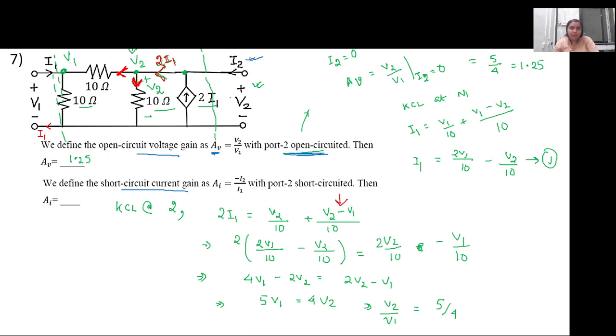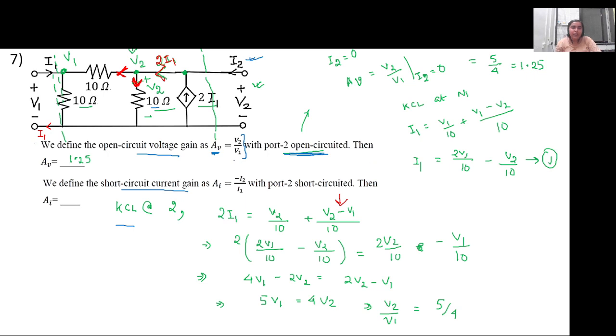To calculate the ratio of V2 and V1, we can write either the KVL or the KCL equation as per convenience. In this circuit, since the number of nodes is very low, the voltage across this 10 ohm resistance is the output voltage, and that same voltage appears across this. So we resorted to writing KCL, and we calculated I1 in terms of V1 and V2, and I2 in terms of V1 and V2.